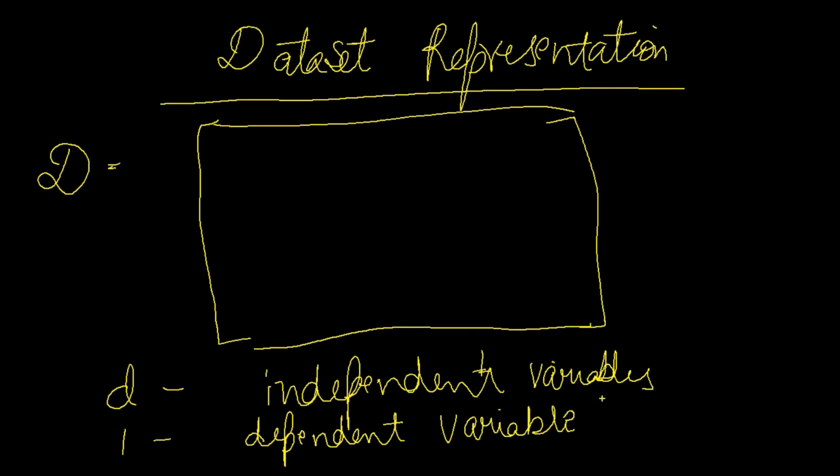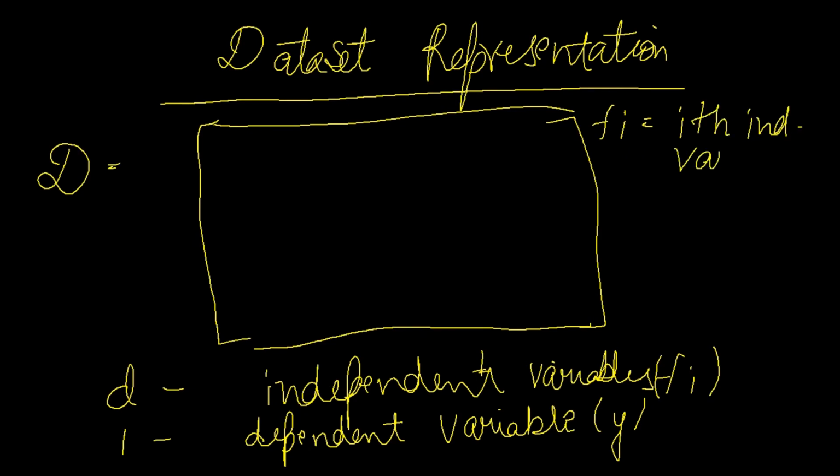We denote the dependent variable using y, and we denote the independent variables as fi, where fi is the ith independent variable. I'll show you in the figure.